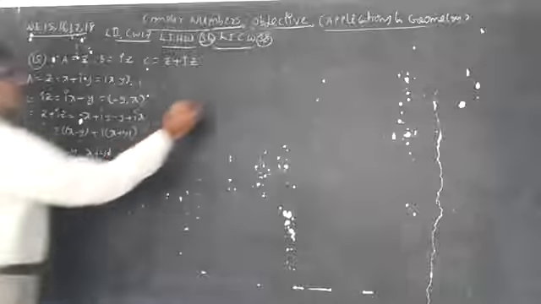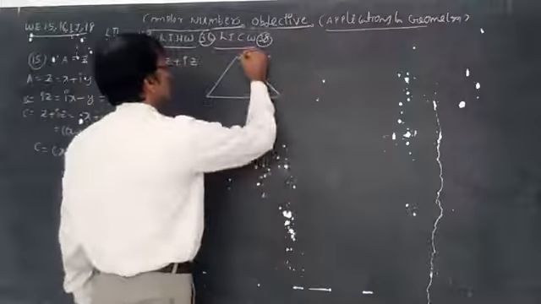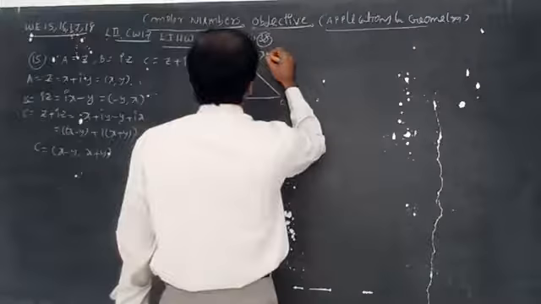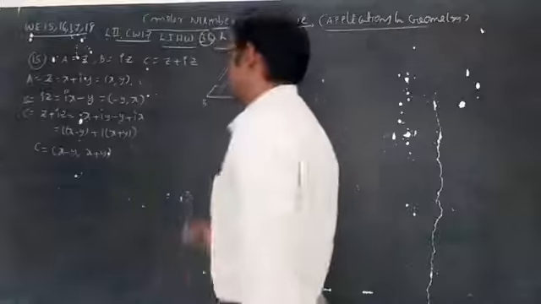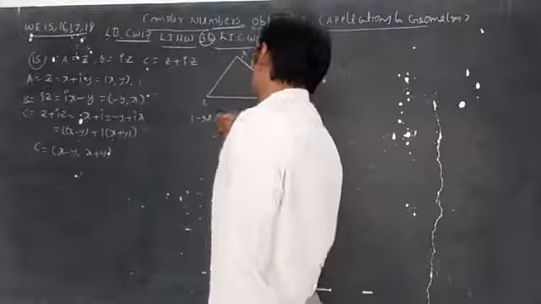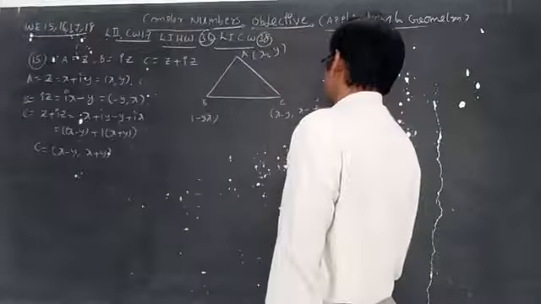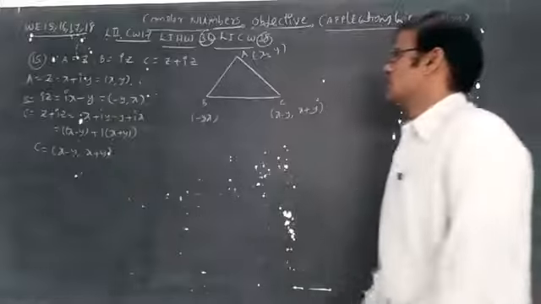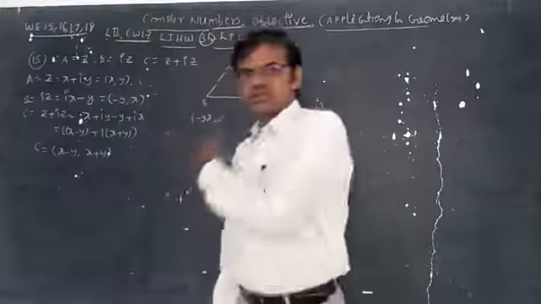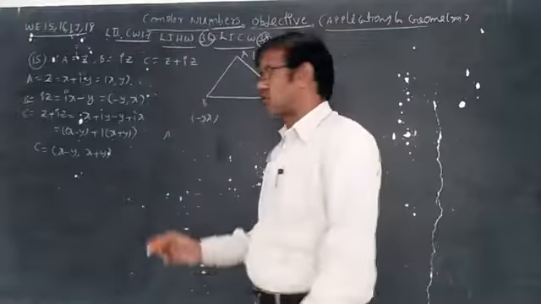Now draw the triangle ABC. Here A is x comma y, B is minus y comma x, and C is x minus y comma x plus y. Now the distance AB is equal to root of x2 minus x1 whole square plus y2 minus y1 whole square.